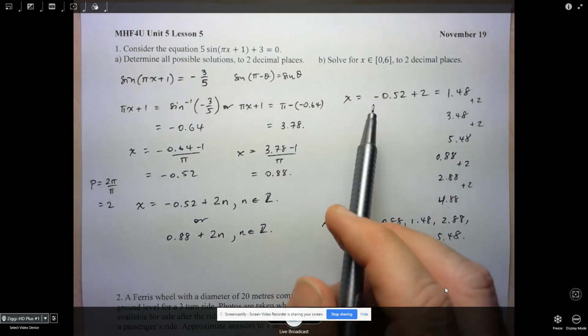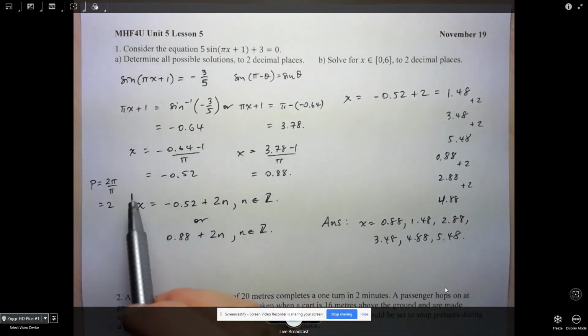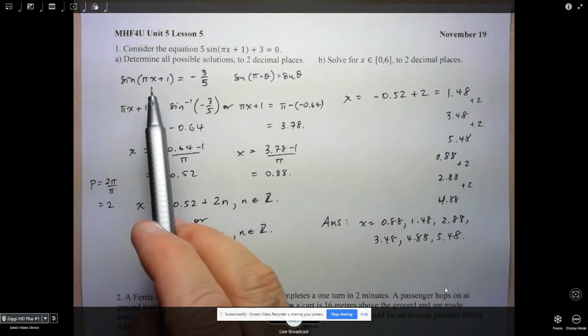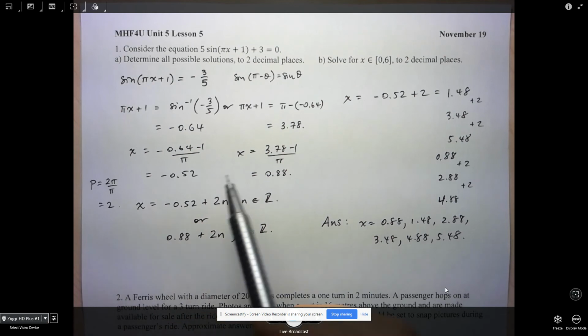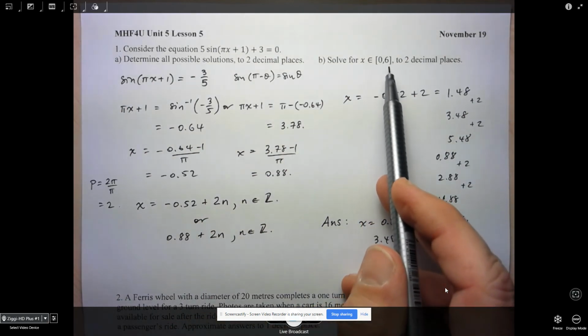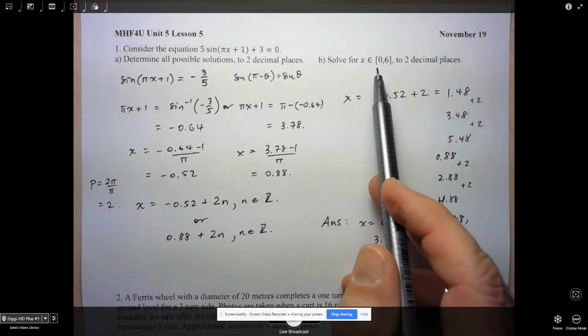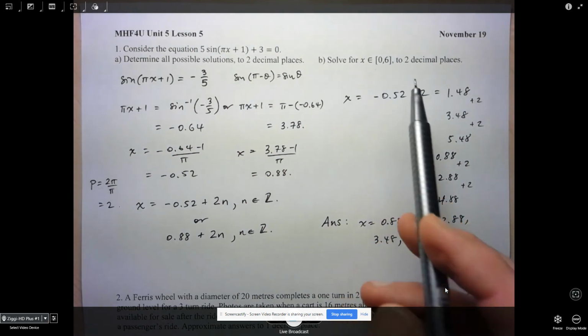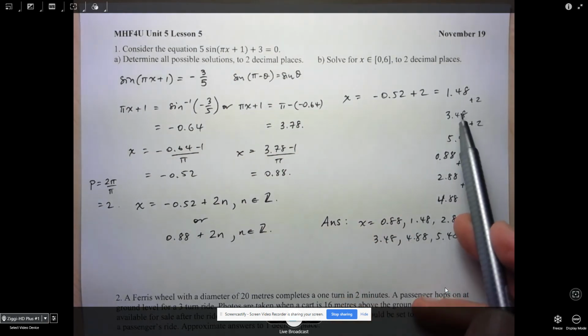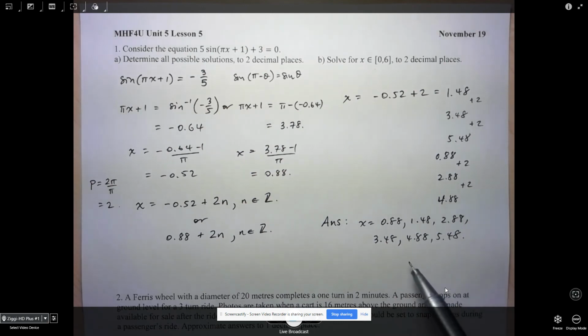Now, I don't think we should be too surprised because remember, the period of this trigonometric expression is equal to 2. So from 0 to 6 represents 3 cycles, and in each cycle we should expect to get 2 answers. And so 6 in all. Not so surprising. So let's go back to Desmos.